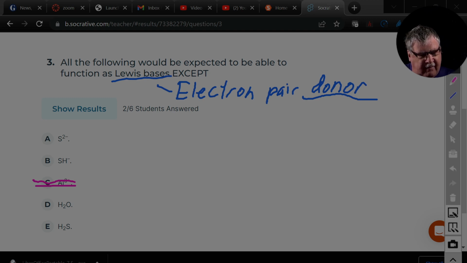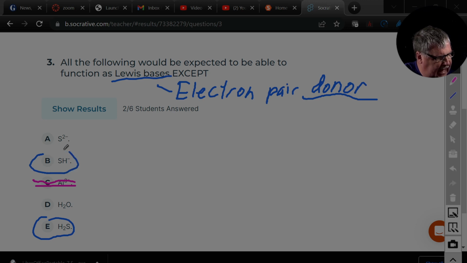If I look at three of these answers, this one down here, this one here, and this one here, these are all going to be Lewis bases. But the more electron rich they are, the more charge they have on them, the more likely they are to be Lewis bases. So what you can think about in this case is a progression of conjugate bases or conjugate acids, depending on the way you look at it.